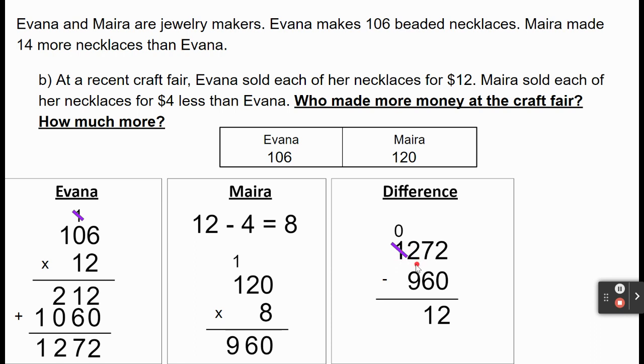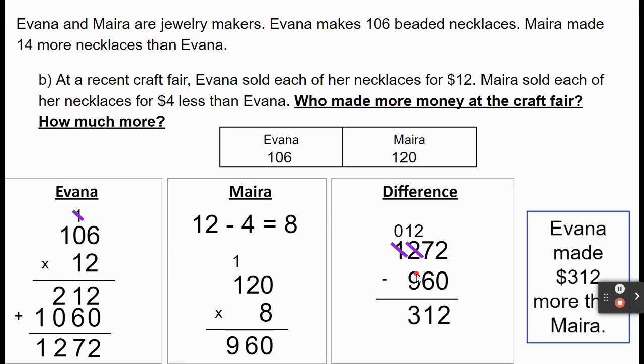We're going to rewrite that as 10 more hundreds. We already have 2 hundreds here, so that would be a total of 12 hundreds. Now we can subtract the hundreds place. 12 minus 9 is 3. So Ivana is going to be making $312 more than Myra.